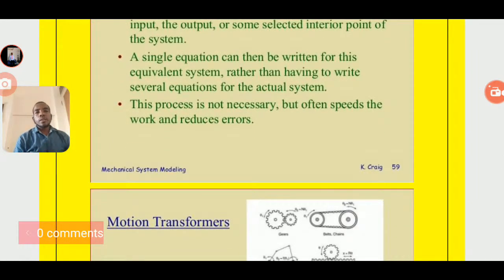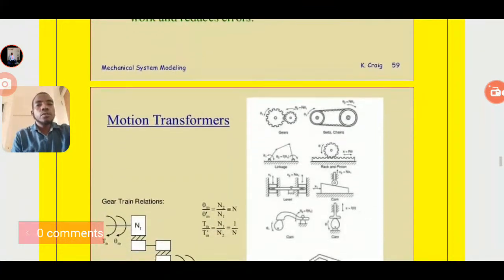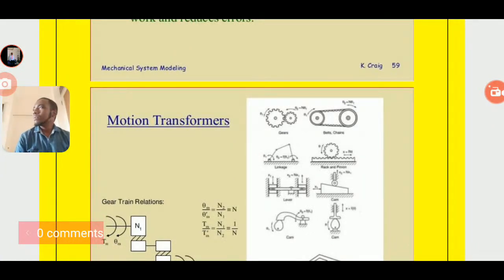A single equation can be written for this equivalent system rather than having to write several equations for the actual system. This process is not necessary, but often speeds the work and reduces the errors.